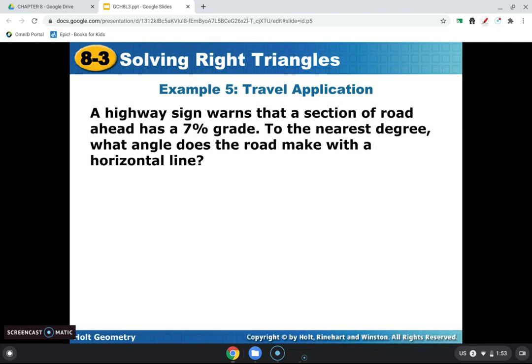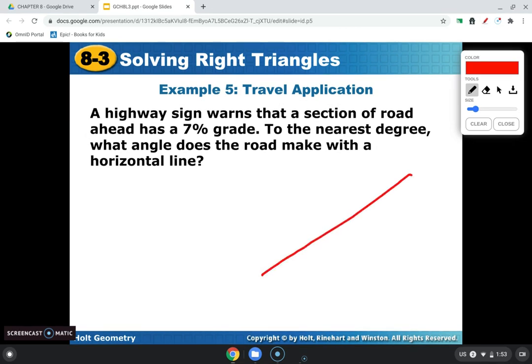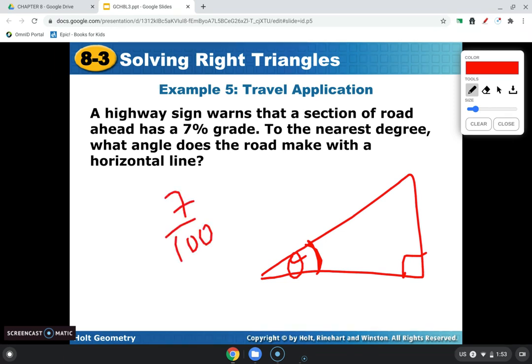A highway sign warns that a section of road ahead has a 7% grade. To the nearest degree, what angle does the road make with the horizontal? All right, so there's our right angle. We're trying to find that angle right there. All right, 7% grade is like slope. Slope is rise over run. So if we write that as a fraction, that's 7 over 100.